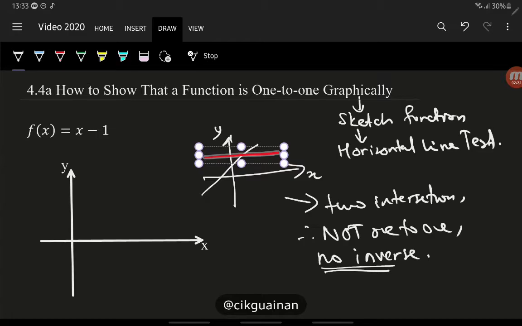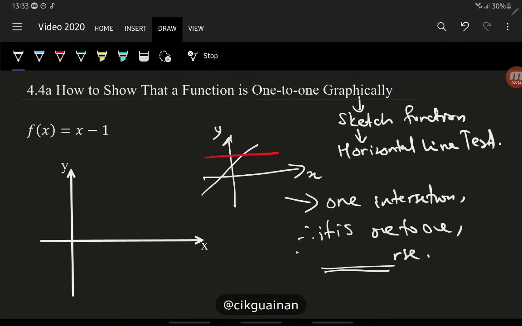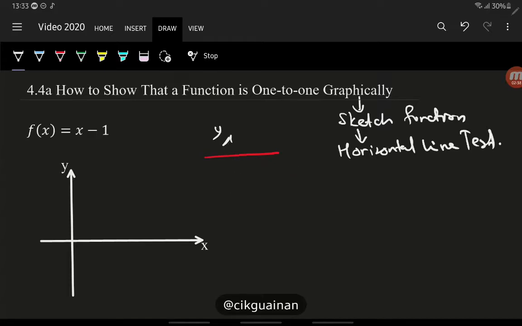So in this case, we have one intersection, therefore it is one-to-one and it has an inverse. So don't worry too much if it's too fast for you. We do the examples one by one, and then I will explain it one more time.